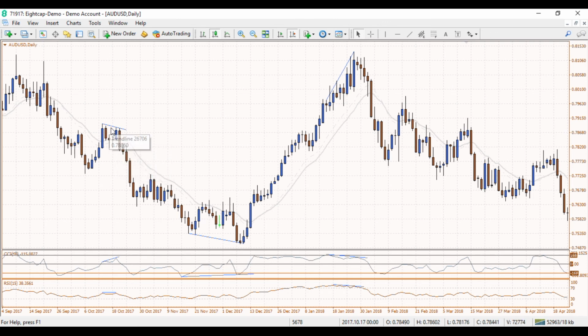So that there, traders, is an example of hidden divergence as a trend continuation pattern, and this here is an example of regular divergence, which normally preludes to a change in trend. So hidden divergence is normally a trend continuation, regular divergence is normally a prelude to a change in trend. Again, it's best to have another confirmation tool after you see divergence.